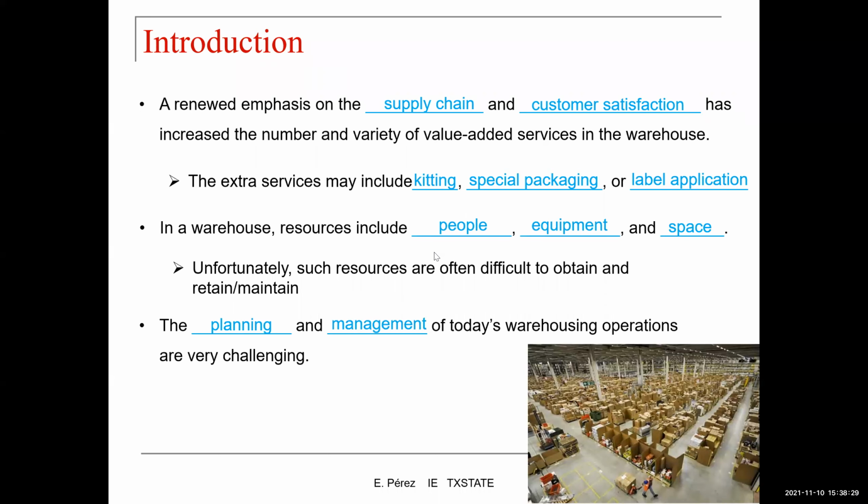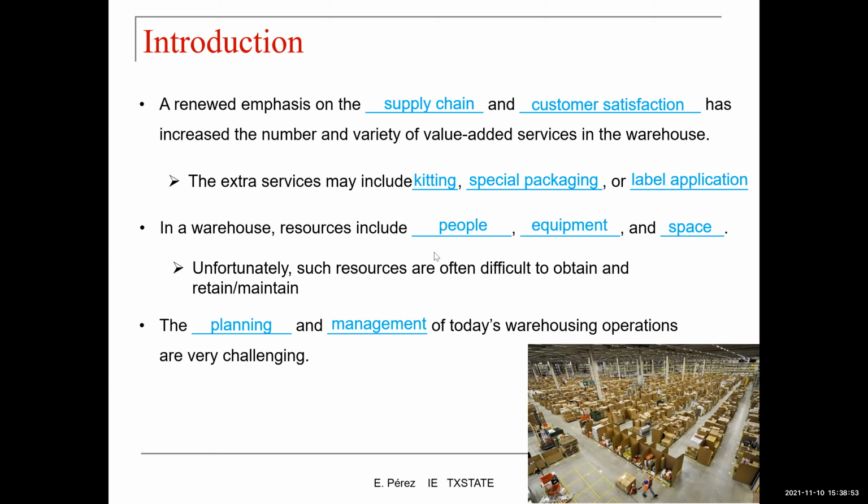The planning and management of today's warehousing operations are very challenging. As we move forward with this type of environment in which we are trying to deliver value-added services to our customers, this planning and management of warehousing operations is becoming very challenging.